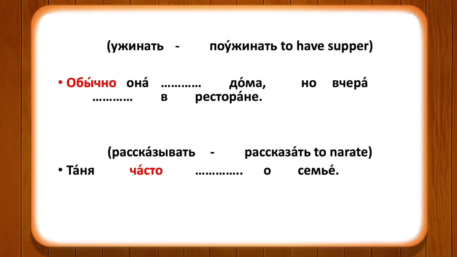So in the first blank, we will be using the verb ужинать because it is indicating a habitual action. So обычно она — дома. The verb used will be ужинать, which will be conjugated according to the pronoun она. So обычно она ужинает дома.